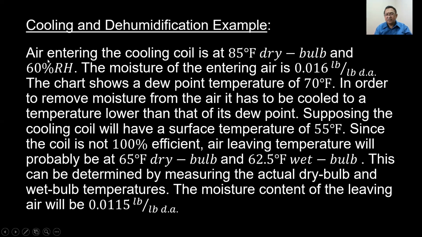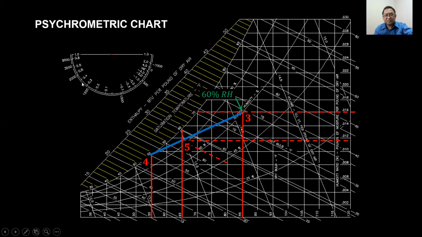So we will give you an example. Air entering the cooling coil at 85 degrees Fahrenheit dry bulb and 60% relative humidity. The moisture of the entering air is 0.016 pounds per pound of dry air. The chart shows a dew point temperature of 70.